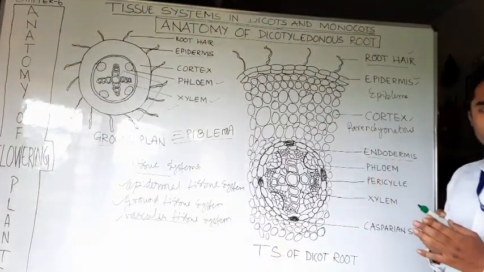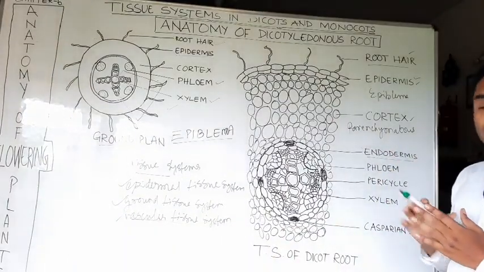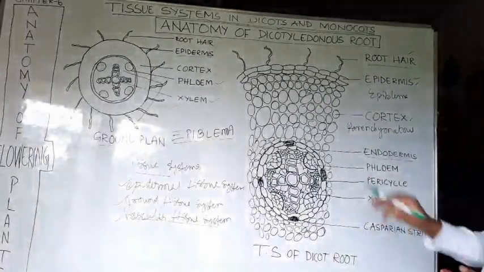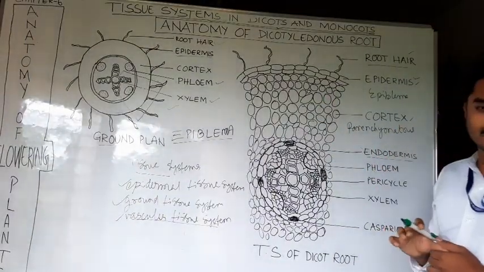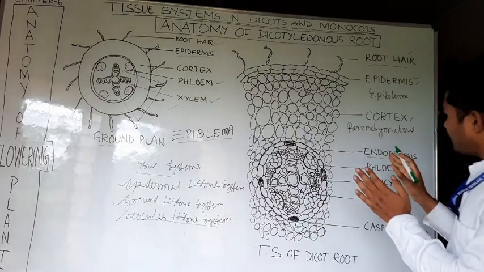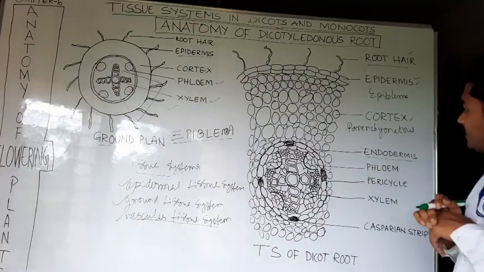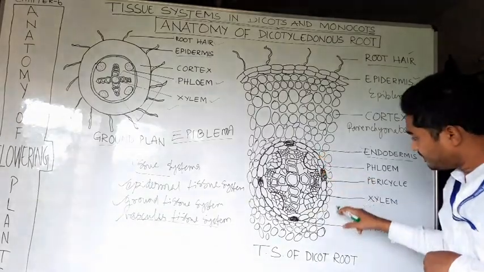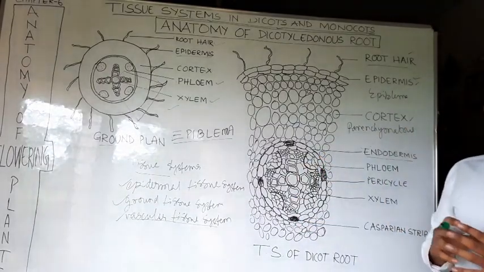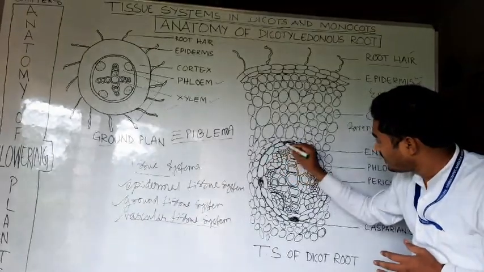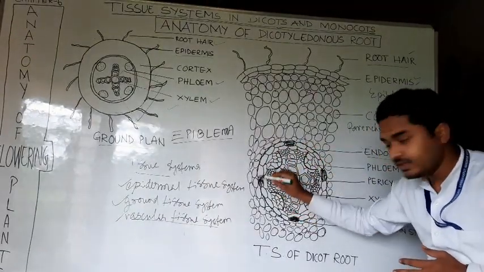So how can we distinguish between the cortex and the endodermis? These endodermal cells are distinguished by the presence of Casparian strips. So this is the circular structure that we see here.